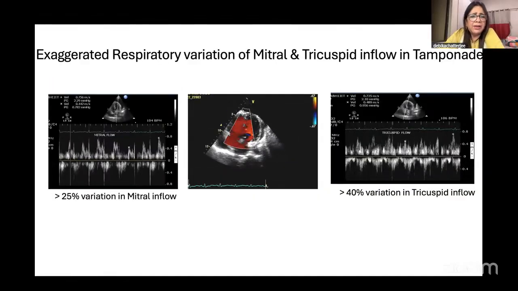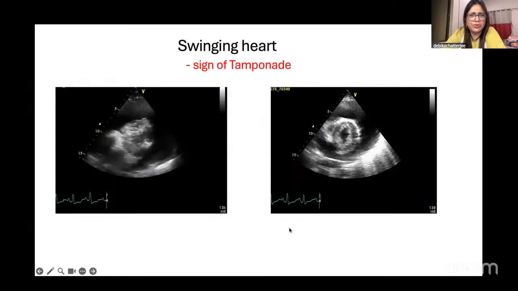And mitral flow variation with respiration is more than 25%. In the case of the tricuspid valve, it is more than 40% variation. This variation I am going to describe while talking about constrictive pericarditis. It happens in cardiac tamponade also.